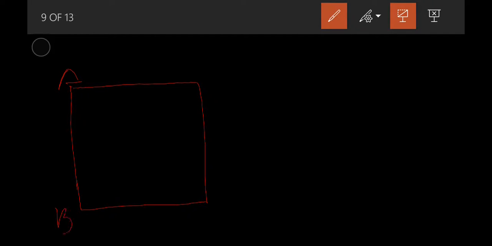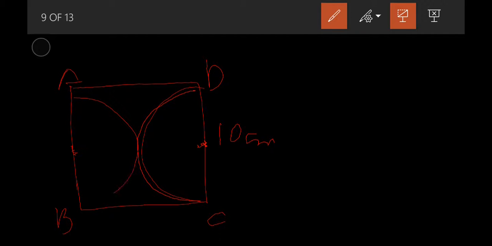Here let us draw some figures, from that we can conclude. Here you can see that in the square ABCD, the side is 10 centimeter. If you draw, taking the center on BC, one semicircle, and also from here.